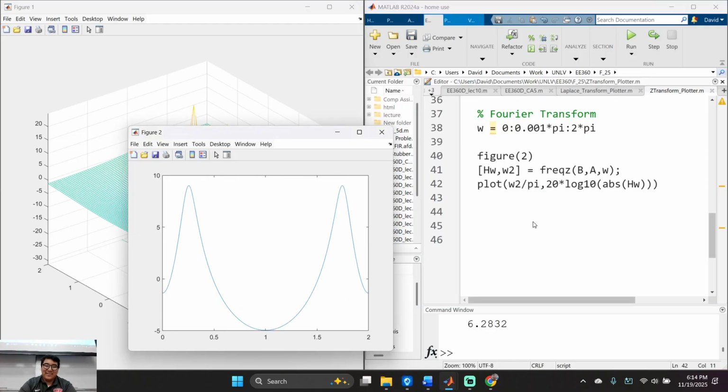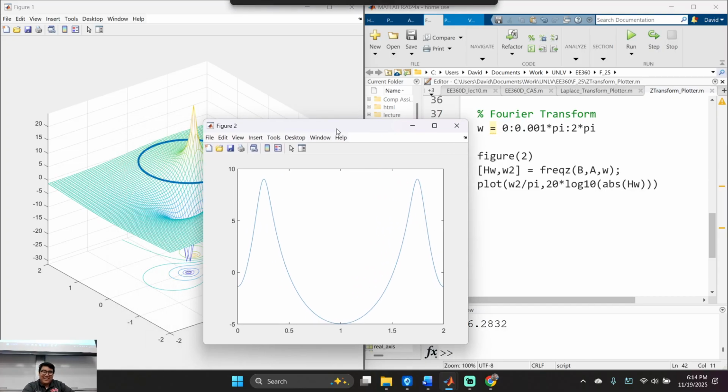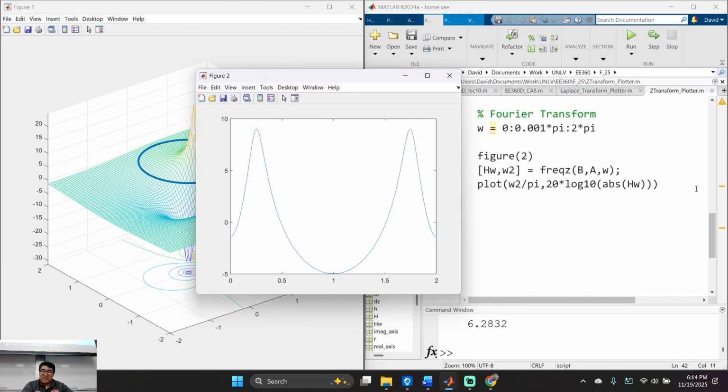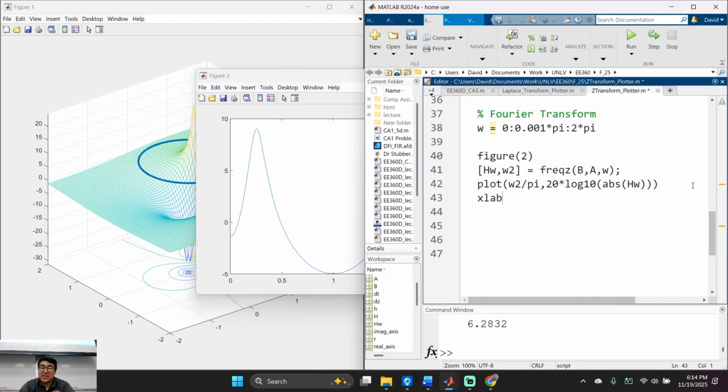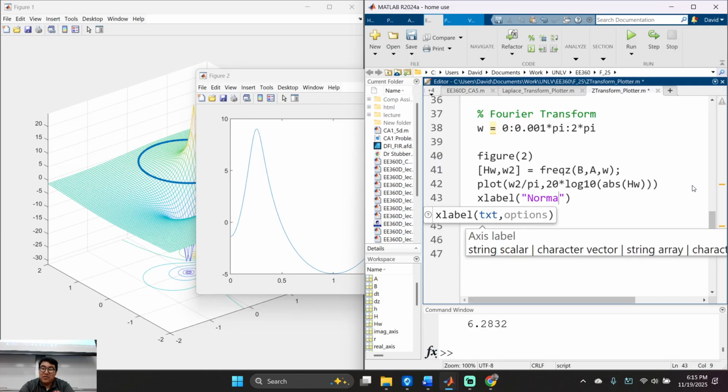Yeah, there we go. It's looking better. Is that good? And then if you wanted to, x label: normalized frequency. Yeah, there we go. That should be good.